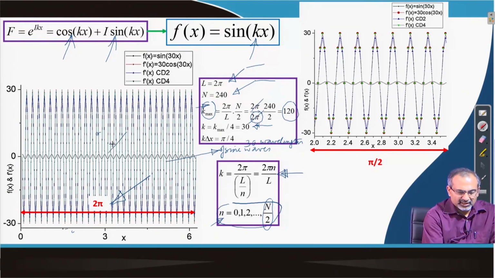So, this functional value is actually showing as the ripple that you can see over here. So, these ripples are nothing but the sine waves, and the amplitude essentially happens to be 1.